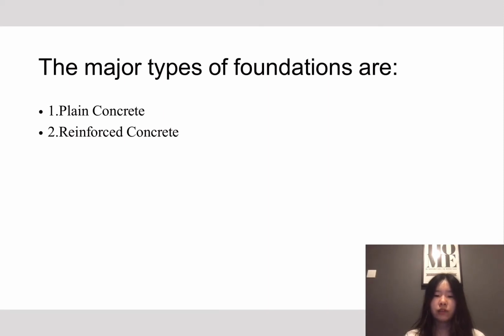Rigid material: a foundation made of rigid material is called a rigid foundation. A rigid material generally refers to material with high compressive strength and low tensile and shear strength.